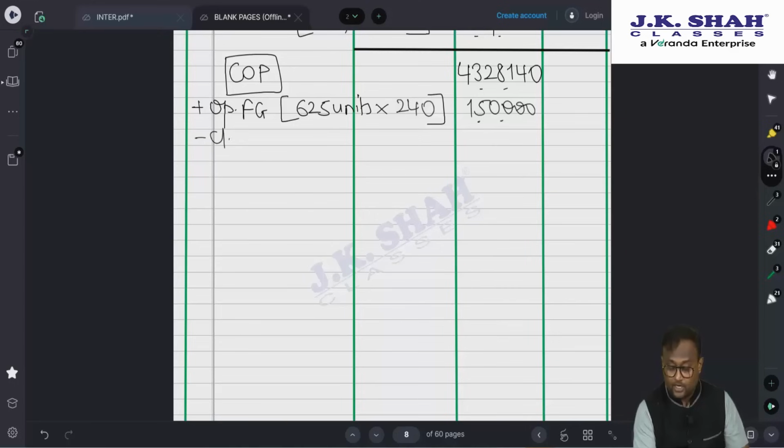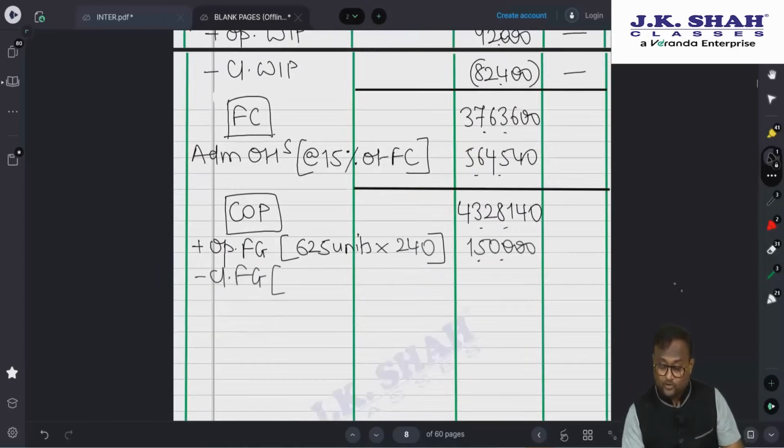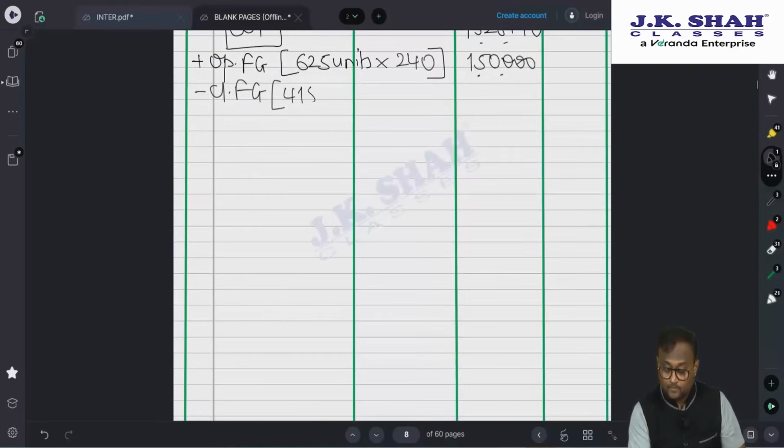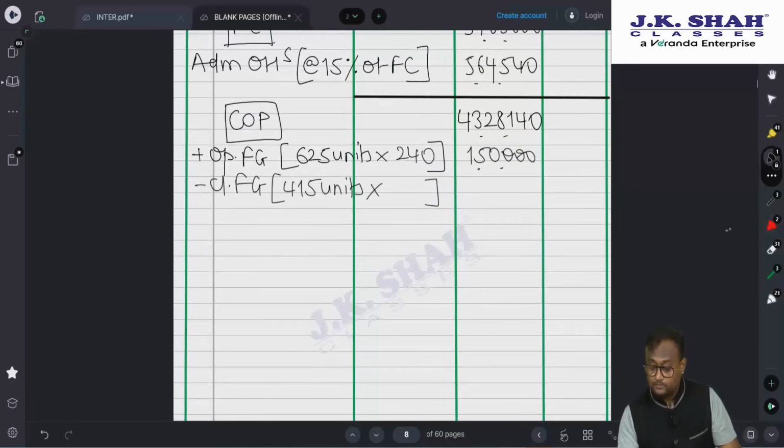And guys, if you recollect, as far as closing stock of 415 is concerned, we need not follow anything.